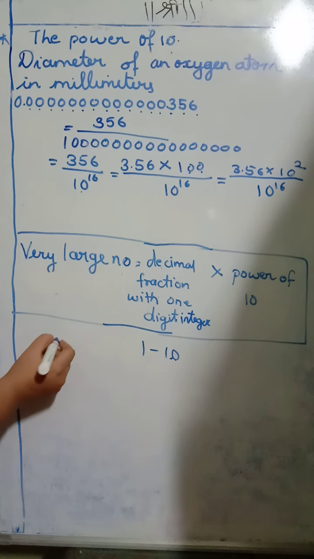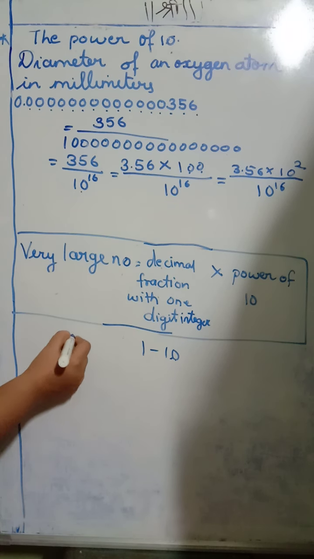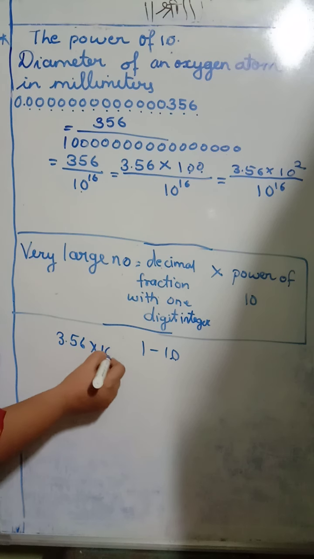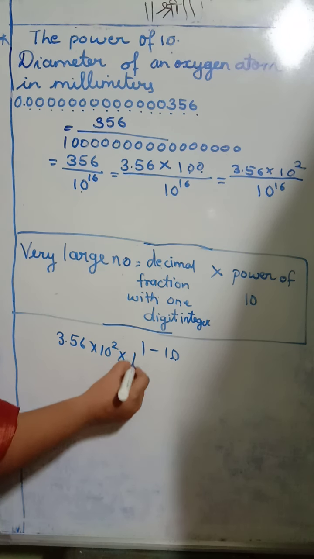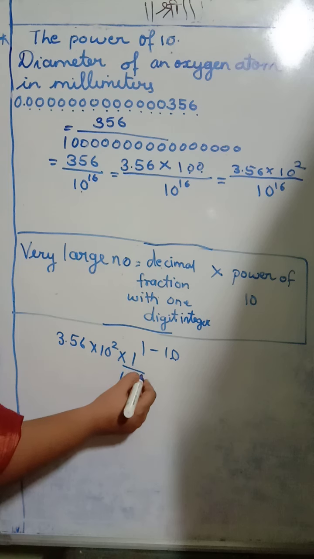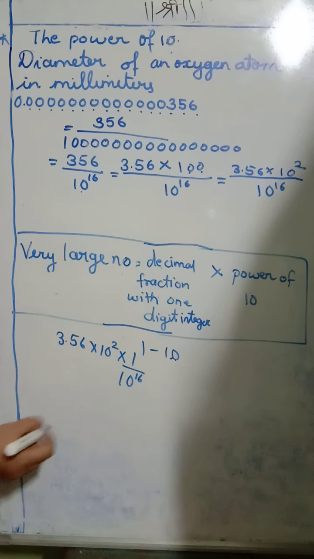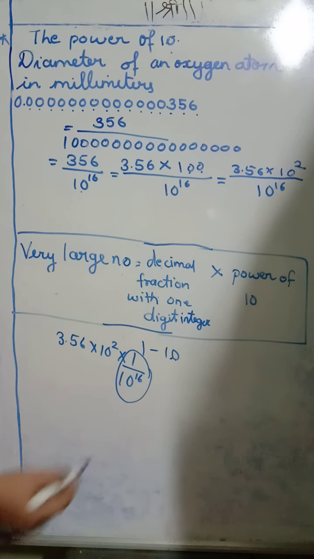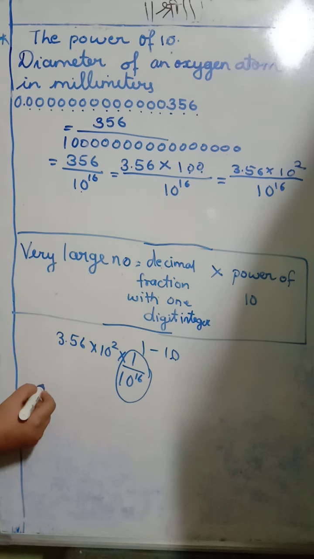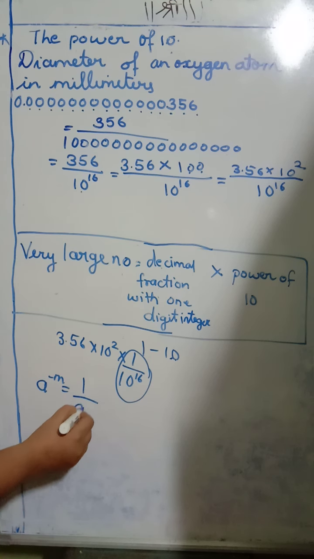Now see, I will write here 3.56 multiplied by 10 raised to 2 into 1 upon 10 raised to 16, can we take? Yes. Now we have one law in indices, that is a raised to negative m is equal to 1 upon a raised to m. Is it the same? Yes.